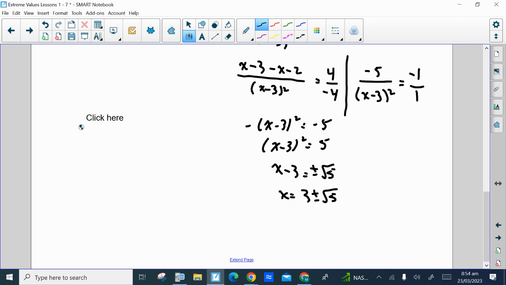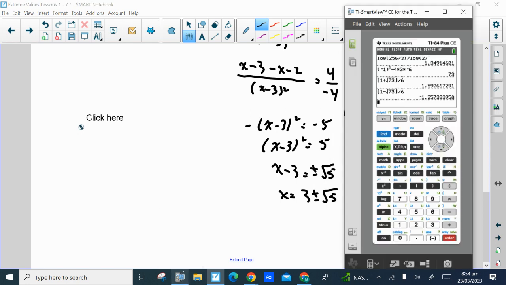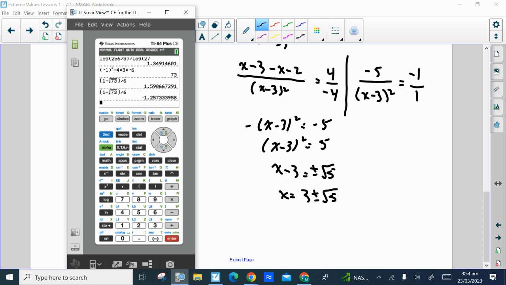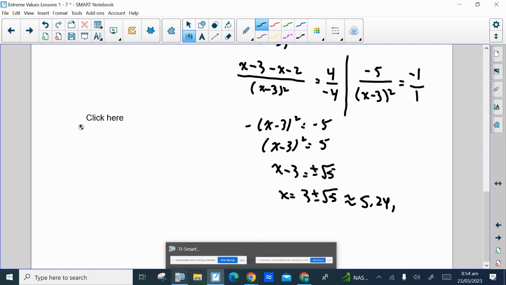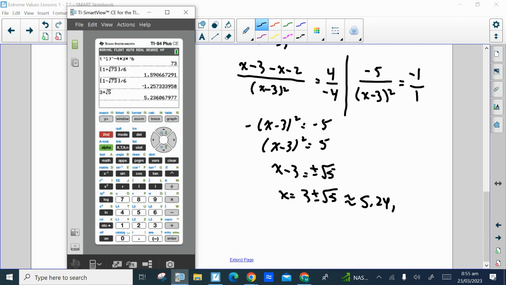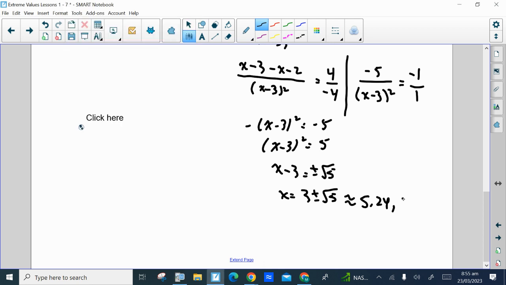So again, this gives us two places on the curve where the tangent line is parallel to the chord. If we use our calculator to find out what the approximate values of these are to make sure that they fall within the domain, we have 3 plus the root of 5, so approximately 5.24, and 3 minus the root of 5, approximately 0.76.